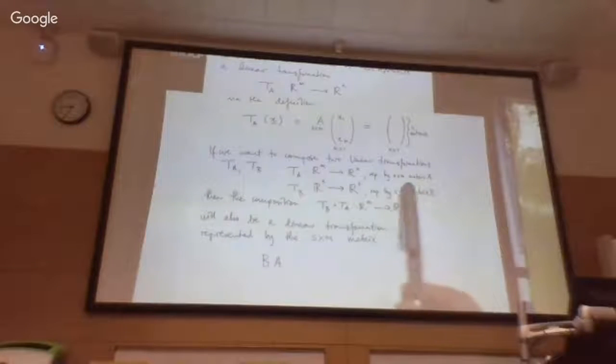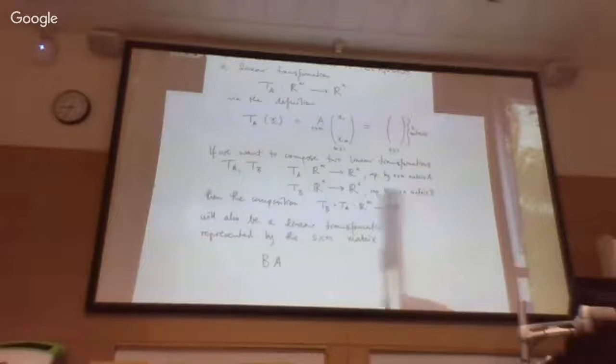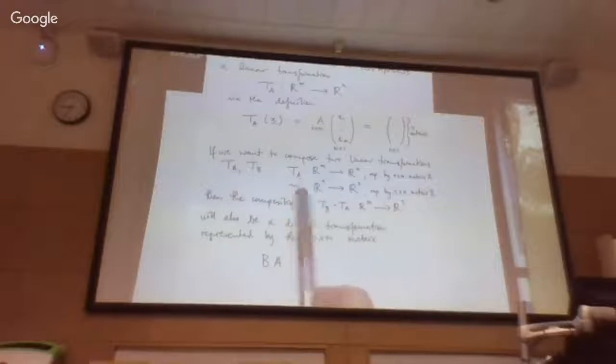Okay, remember A is n by m, B is s by n, so when you multiply them together, you get an s by m matrix.